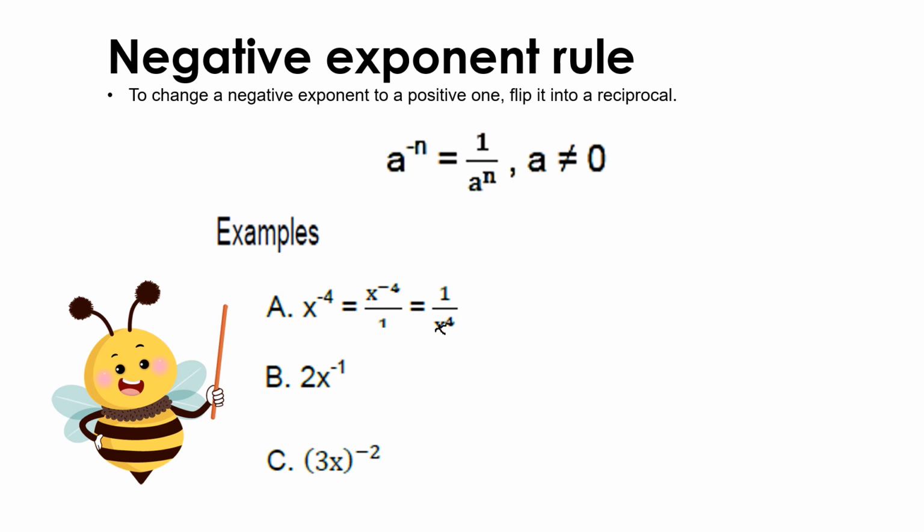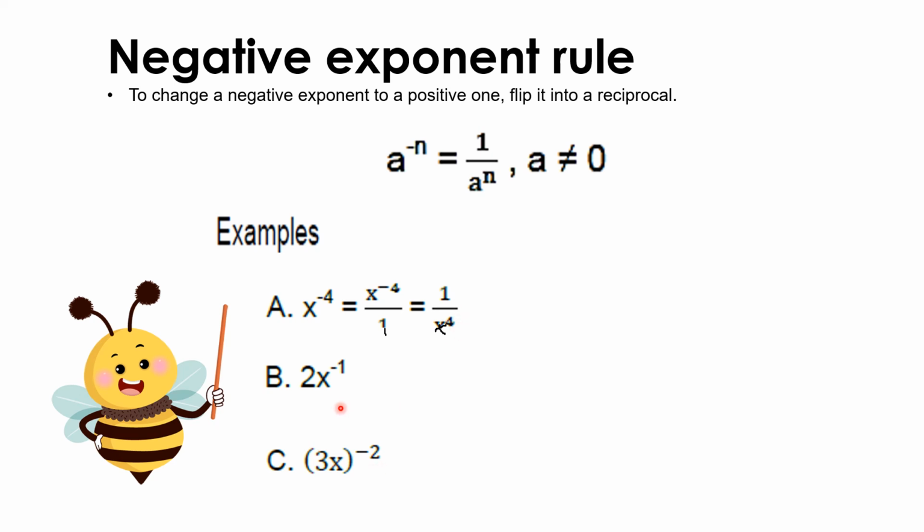Pansinin nyo, nag-reciprocal lang sila, nagpalit yung denominator, naging numerator, which is 1. And yung numerator, napunta sa denominator. And yung negative exponent, naging positive na siya. Therefore, our final answer is 1 over x raised to 4.